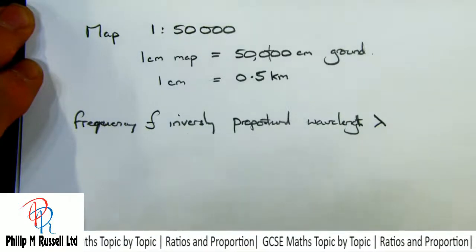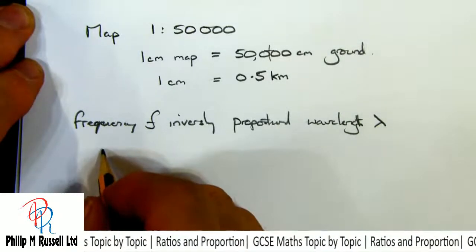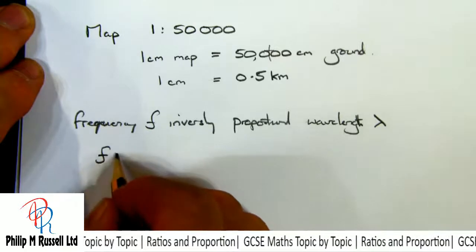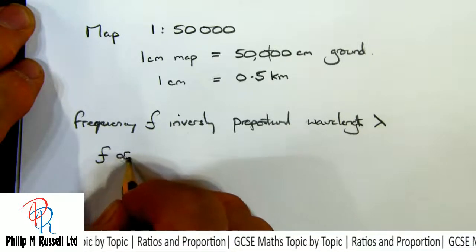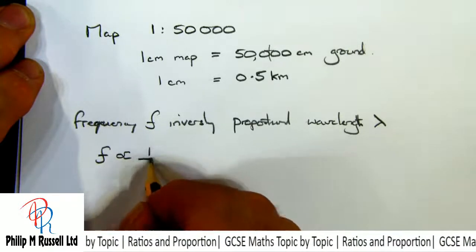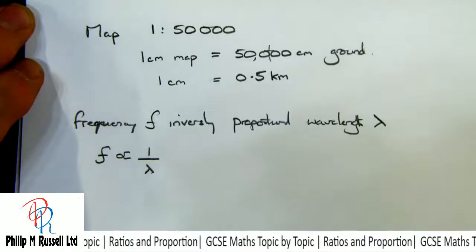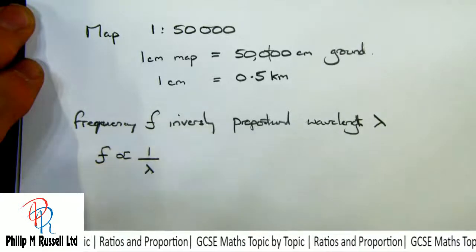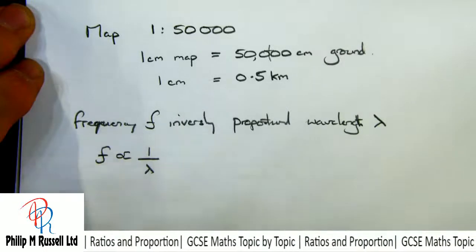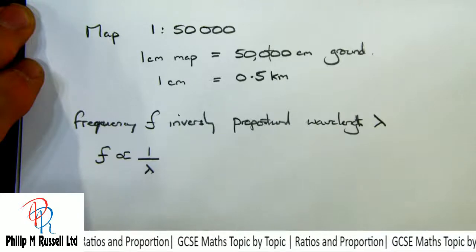So let's see if I can write that out. So frequency is inversely proportional to the wavelength. And I've got these horrible symbols just to make life nasty, because that's the way that it is.